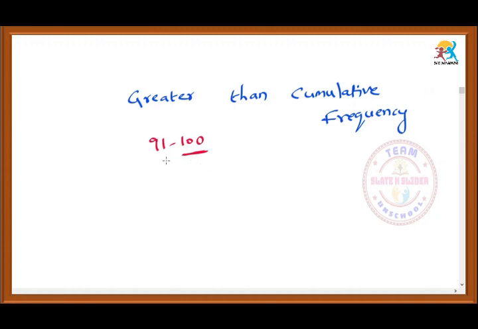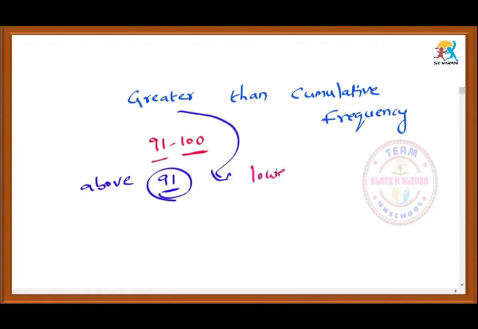No, it is not possible. For 91, the number of students who got above 91, that means greater than 91, is it possible? Yes, it is possible. That's why while finding the greater than cumulative frequency, we have to take 91 as the lower limit, so we take the lower limit or the lower boundary. Like this you have to remember.